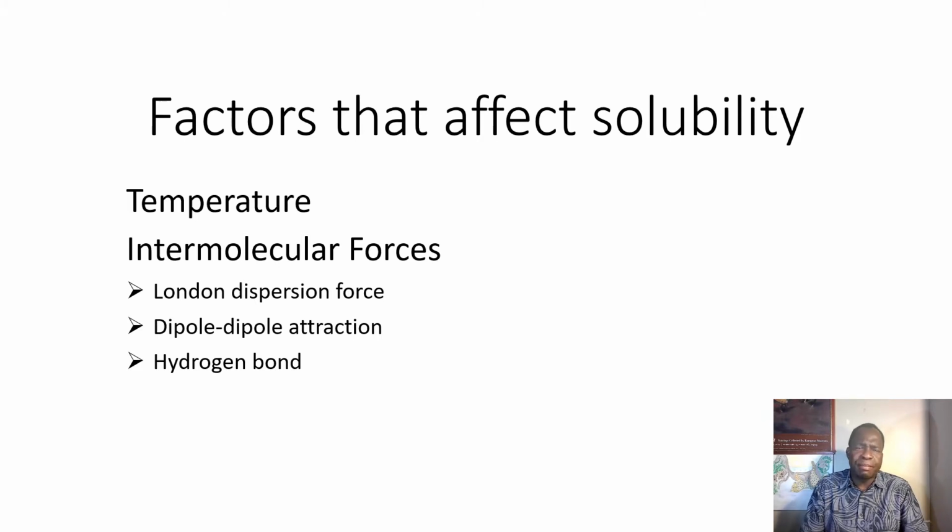The first one is the temperature. For some compounds, raising the temperature will help their dissolution. But for some other compounds, decreasing the temperature will actually help the compound to dissolve.